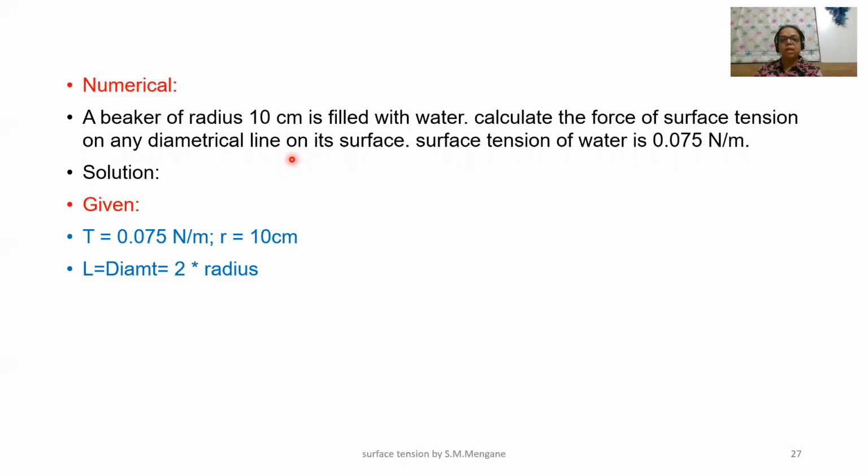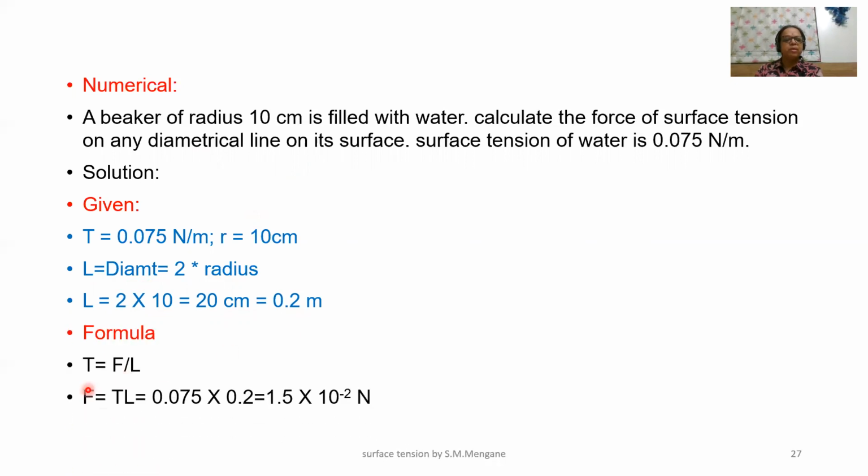Means the length of the line, the hypothetical line, is equal to the diameter. L is equal to diameter, and the radius is given, and hence we will convert this diameter in terms of radius, that is 2 into radius. L is equal to 2 into 10, that is 20 centimeter, and in meter it is 0.2.